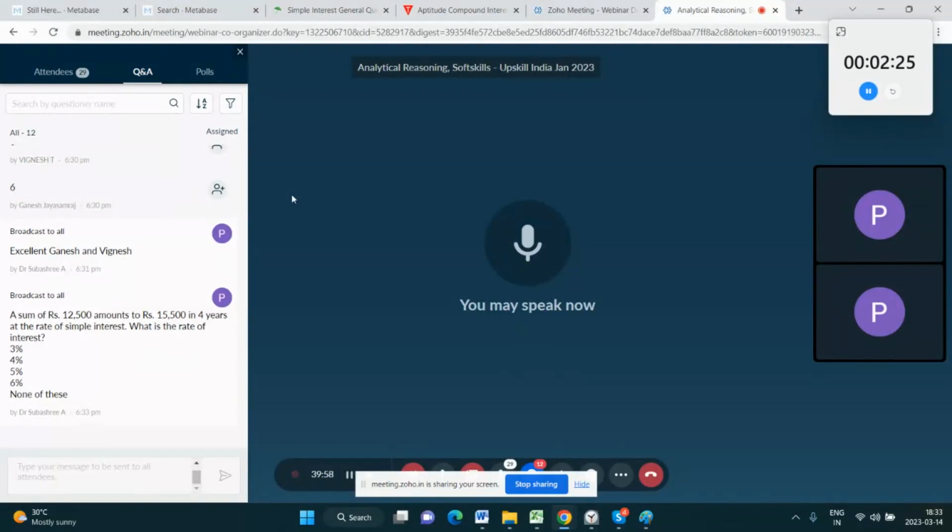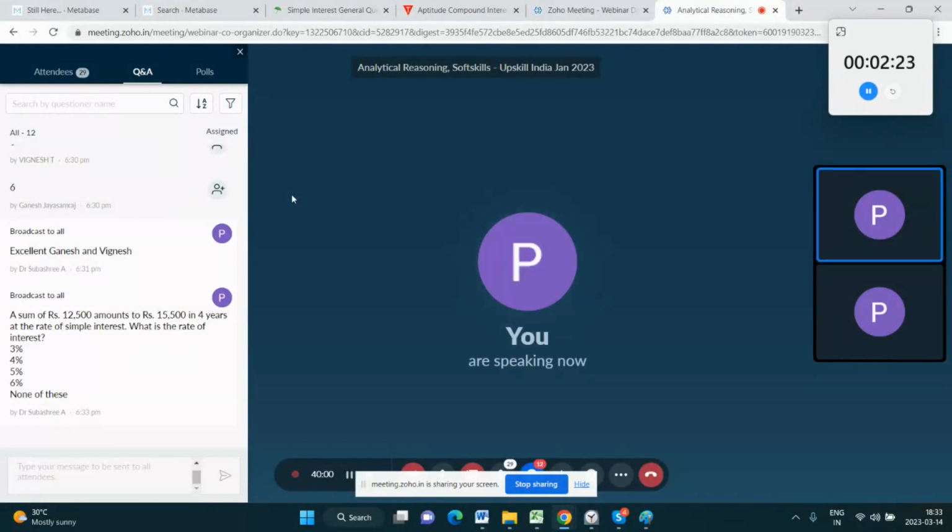Principal is 12,500. Number of years is 4. Interest earned is 15,500 minus 12,500, which is nothing but 3,000. So PNR by 100 is equal to 3,000.